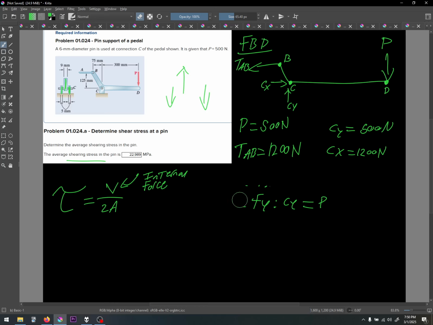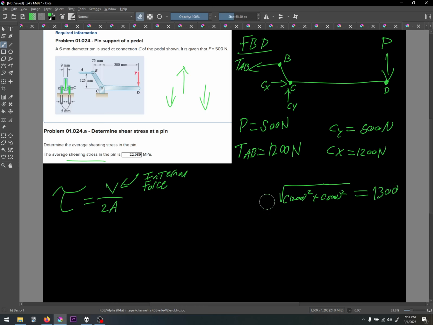So now, what can we find? How do we find C? CR is going to be equal to the square root of 1200 squared plus 500 squared. And this will give us the overall reaction force, which is equal to 1,300.